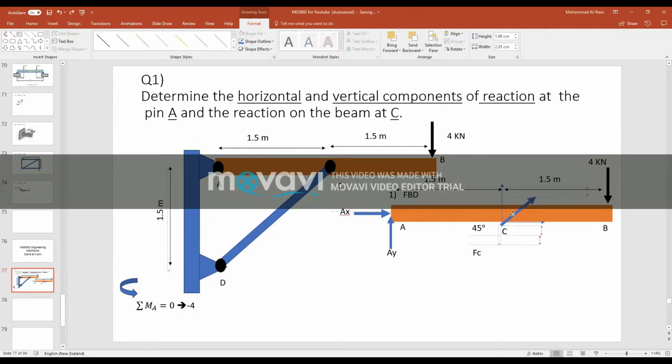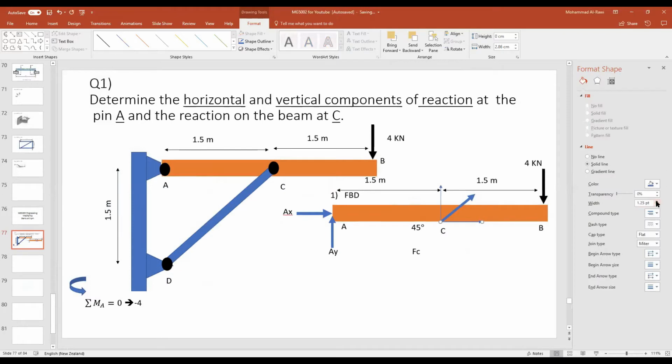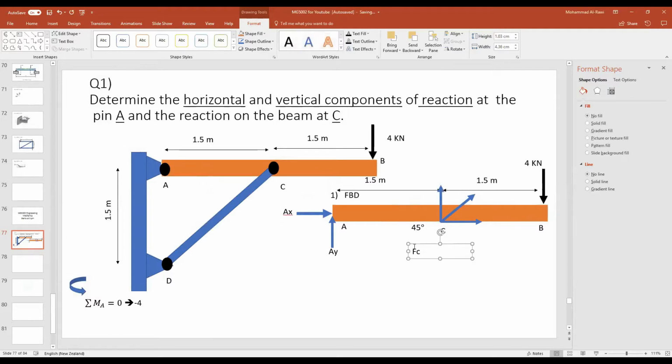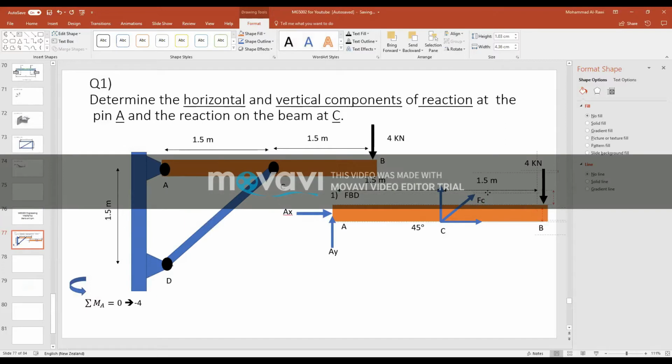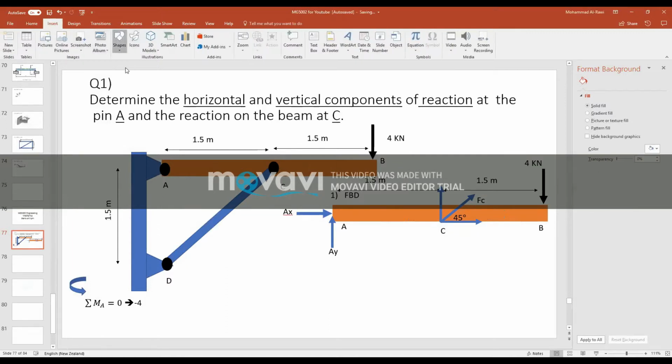I'm just showing you how it looks in real life, and then you can work on it. Let's maximize the size of the arrows so you don't confuse them with other drawings. All right, this is point C, this is FC, and the angle here by replacement will be changed to this point. So write the components for it.